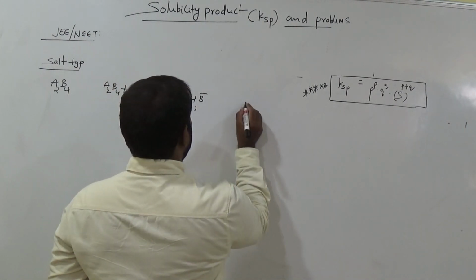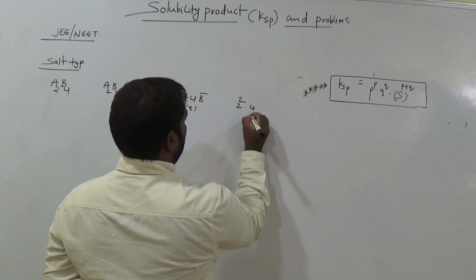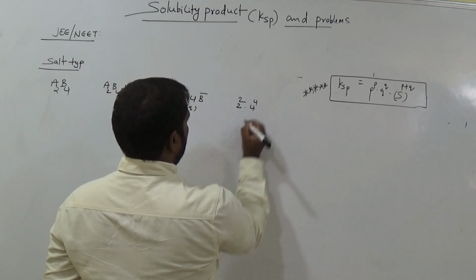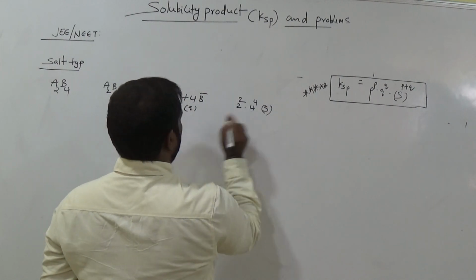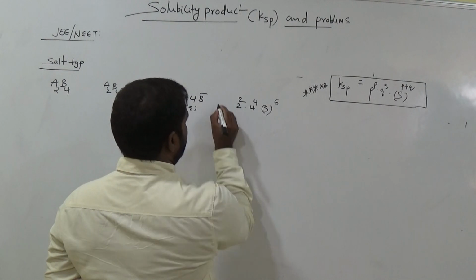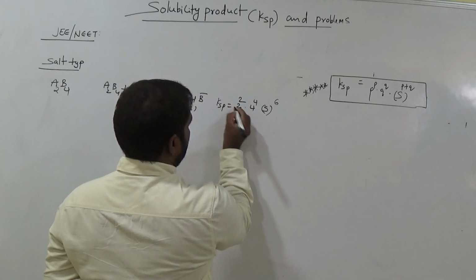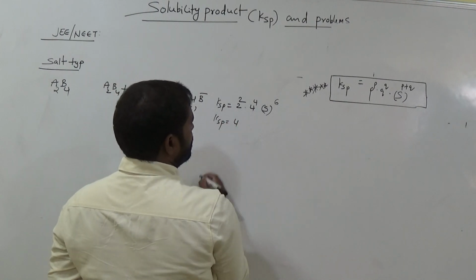Clear? Now P power P means 2 power 2 and 4 power 4, am I right? And S power 2 plus 4 means 6, am I right? Ksp equals 2 square means 4.